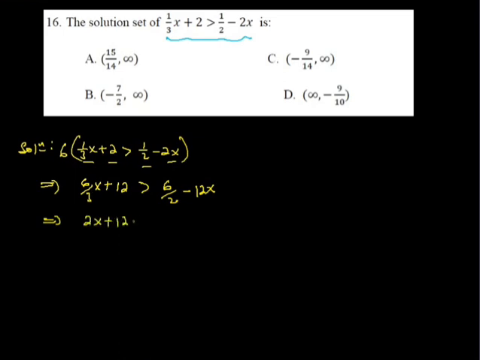plus 12 is greater than 3 minus 12x. Collect like terms ስንሰበስብ ምን ይሆናል 2x plus 12x is greater than 3 minus 12. This becomes 14x is greater than minus 9.